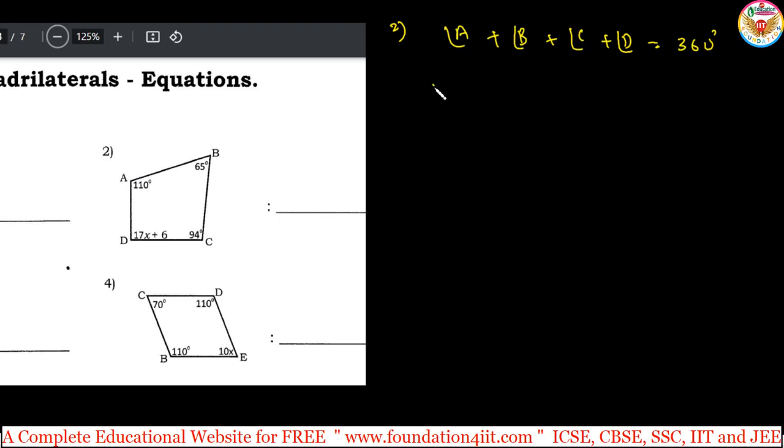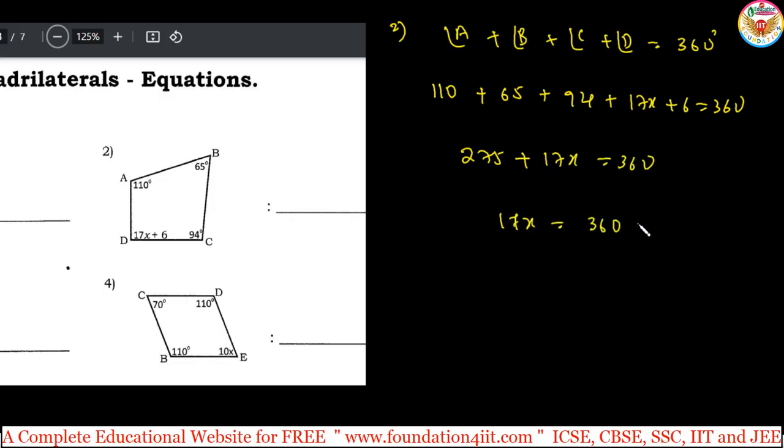So angle A 110 plus 65 plus 94 plus 17x plus 6 is equal to 360. You can use the addition property and simplify. 94 plus 6 is 100, and 110 plus 65 is 175, so the total is 275. Plus 17x is equal to 360.